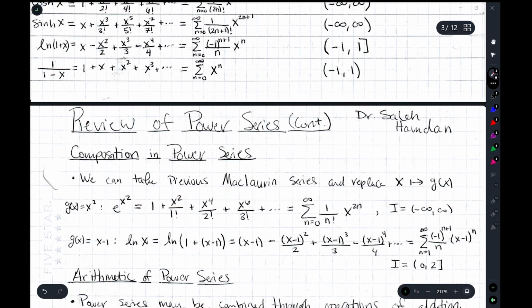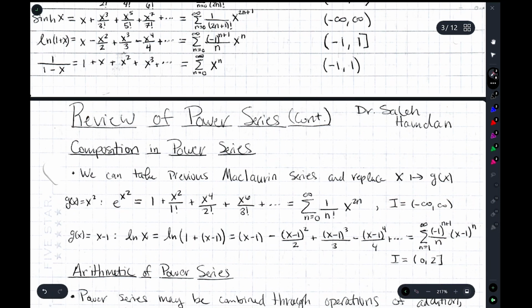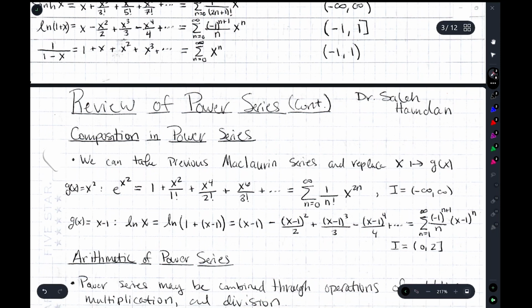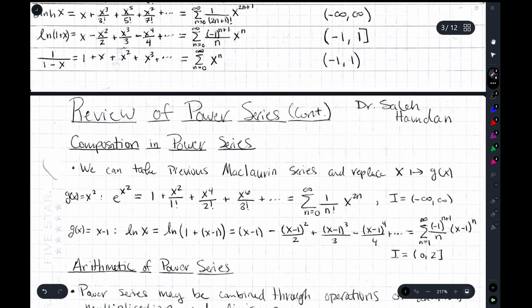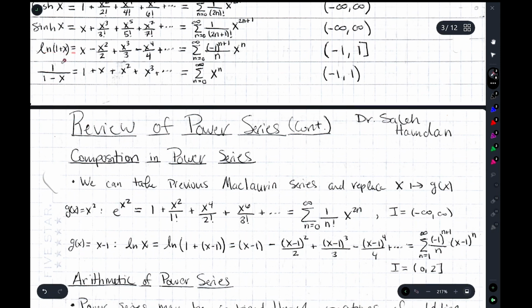You have to be careful when you're composing or summing or taking products, okay? The interval of convergence can change for these operations. For example, here, if you want natural log of x, well, we have the Maclaurin series for natural log of 1 plus x. But natural log of x is equal to the natural log of 1 plus x minus 1, okay? And so this is like taking x minus 1 and substituting in for x, okay?